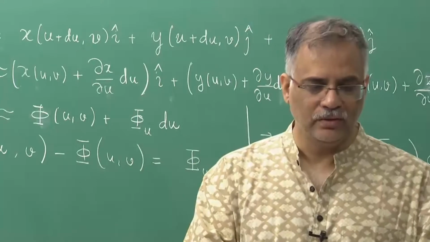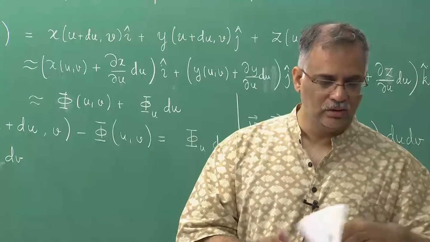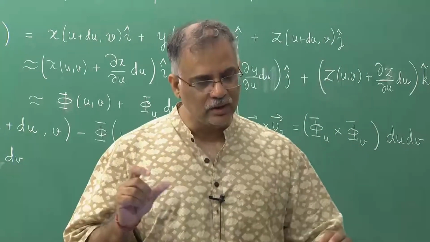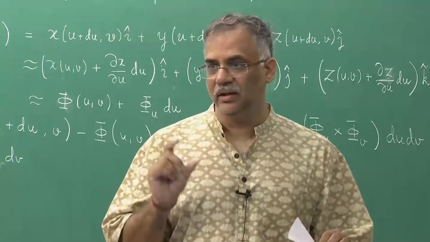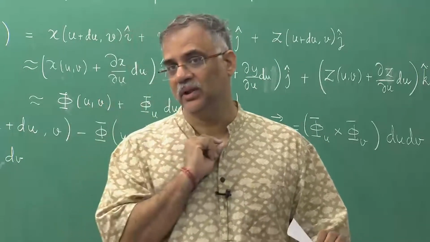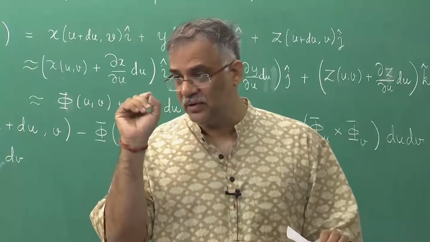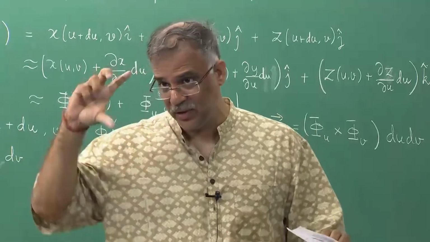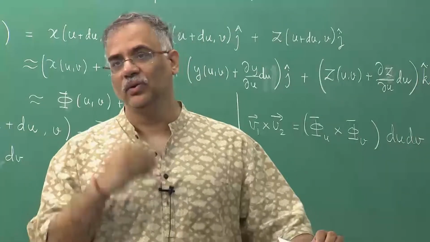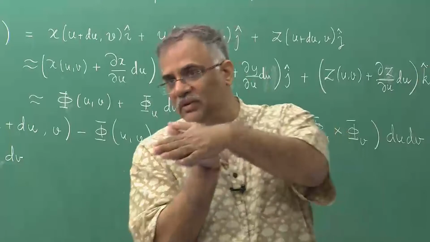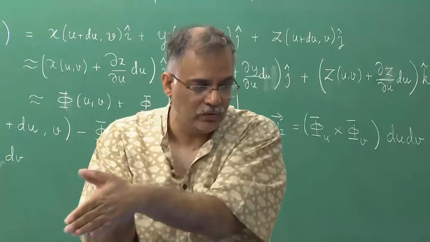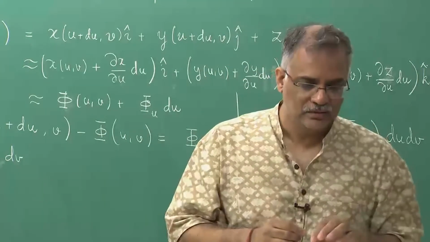For a line integral, you have done it over a curve, f dot ds, where ds was the arc length. In the surface integral you will learn f dot dS, with capital S, because it talks about the elemental surface. So integrating a vector function over a curve is a line integral, integrating a vector function over a surface is a surface integral, and that is what we are going to learn in the next class.